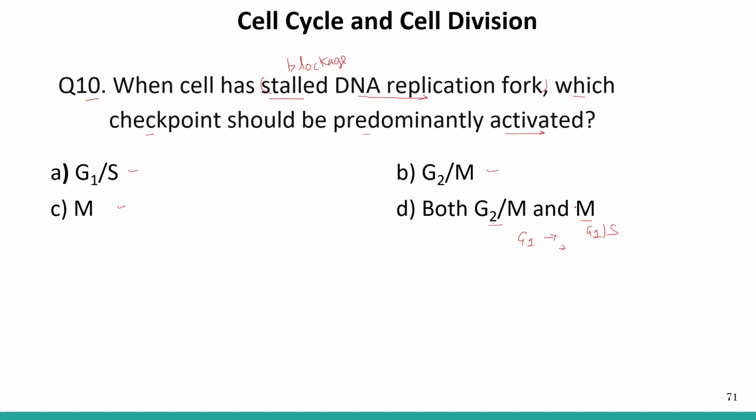If there is damage in the DNA bases, then this checkpoint will repair the damaged DNA and only then will it allow the cell cycle to get to the next stage, that is the S stage.